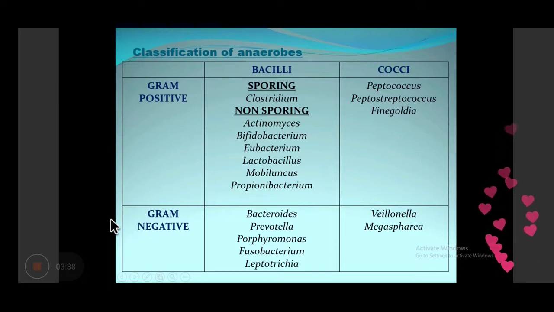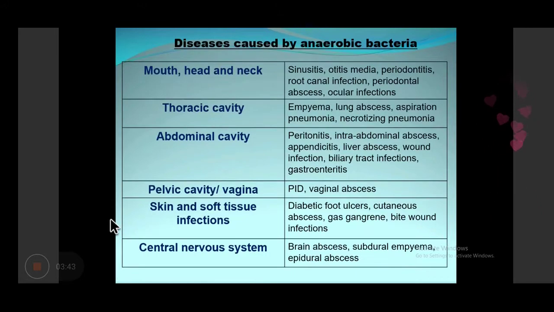Diseases caused by anaerobic bacteria can be any infection from the mouth, head, neck, thoracic cavity, abdominal cavity, pelvic cavity, skin and soft tissue infection to central nervous system infection. If the sinus is affected, there is sinusitis.